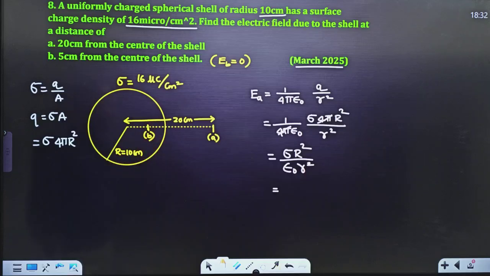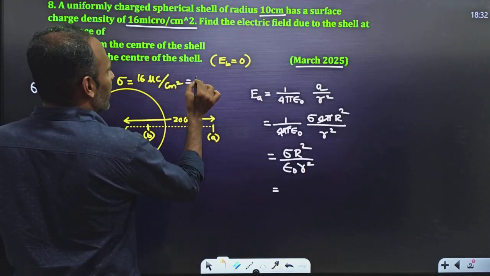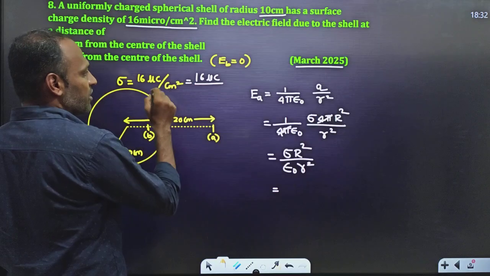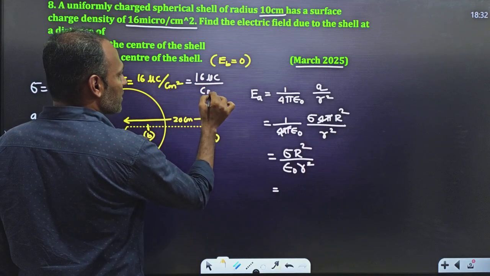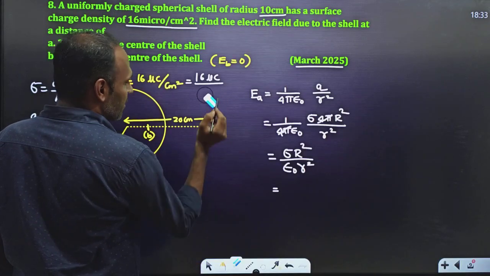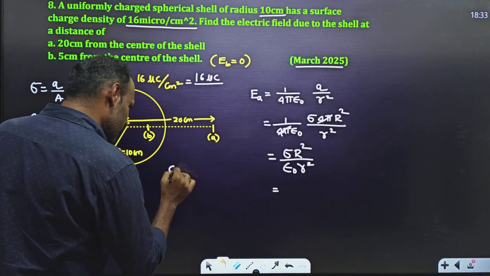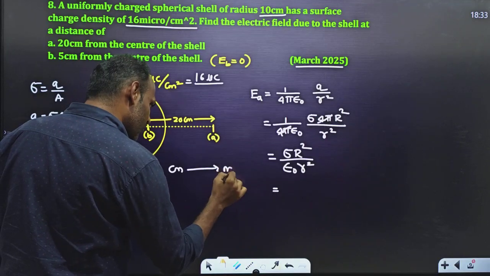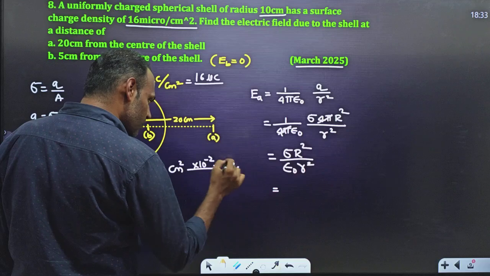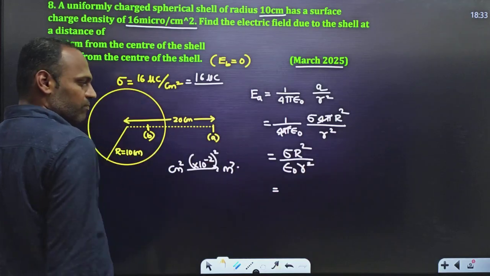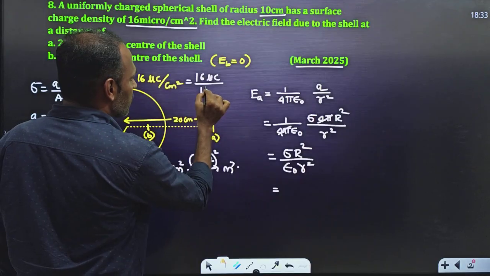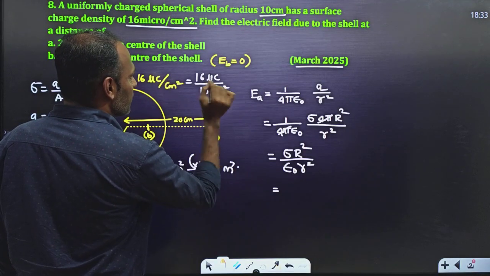To convert centimeter to meter, you have to use 10 to the power minus 2. For centimeter square to meter square, you have to square this, so minus 2 into 2 will be 10 to the power minus 4. So this is 10 to the power minus 4 meter square.